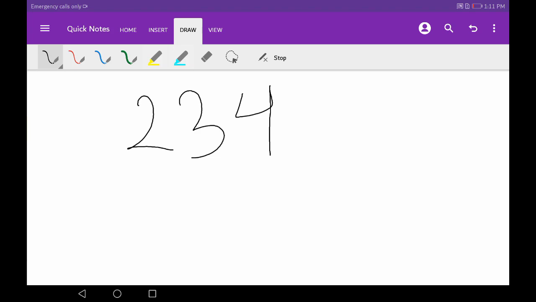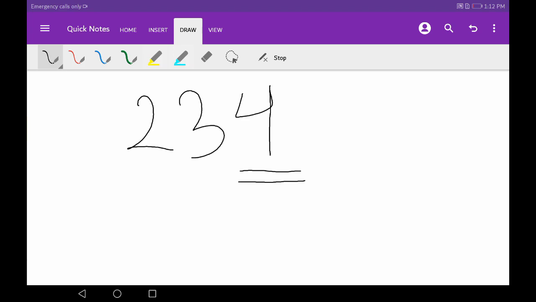Well, all I care about is the ones place. If the ones place is an odd number, then the whole number is odd. And if it is an even number, the whole number will be an even number. So whatever numbers I have, all I care about is the ones place.